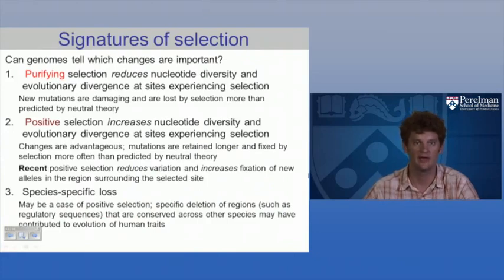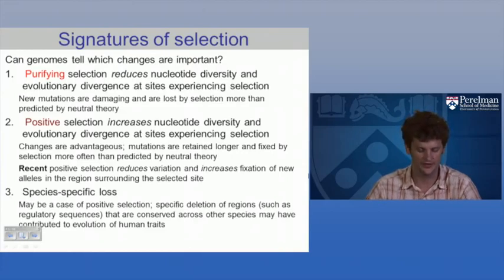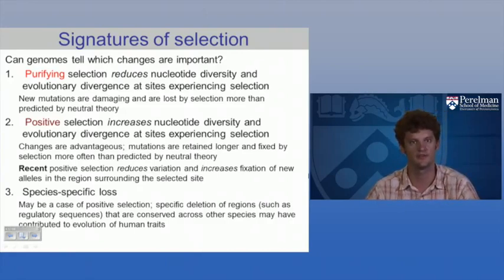Okay, so how can we take advantage of nucleotide diversity and DNA sequences to tell us which parts of the genome are important for biology? There are different types of selection which give different signatures in the genome. So one is purifying selection.